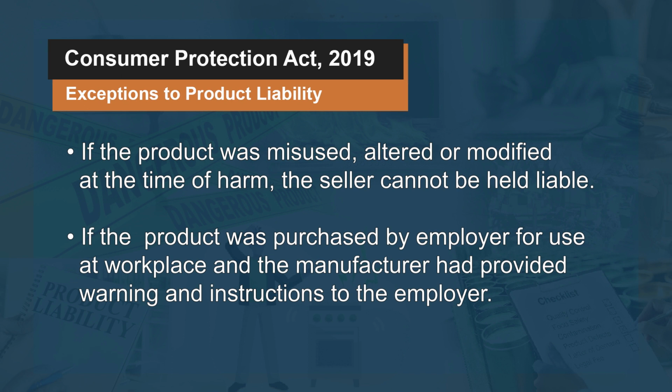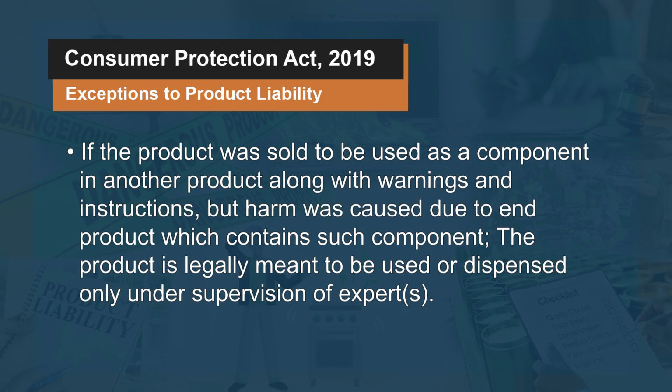If the product was sold to be used as a component in another product along with warnings and instructions, but harm was caused due to the end product which contains such component. The product is legally meant to be used or dispensed only under the supervision of experts.